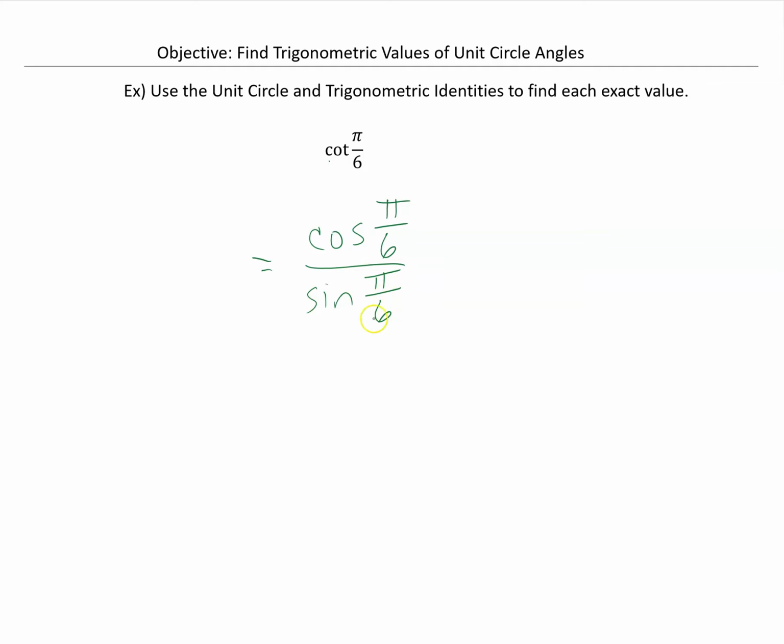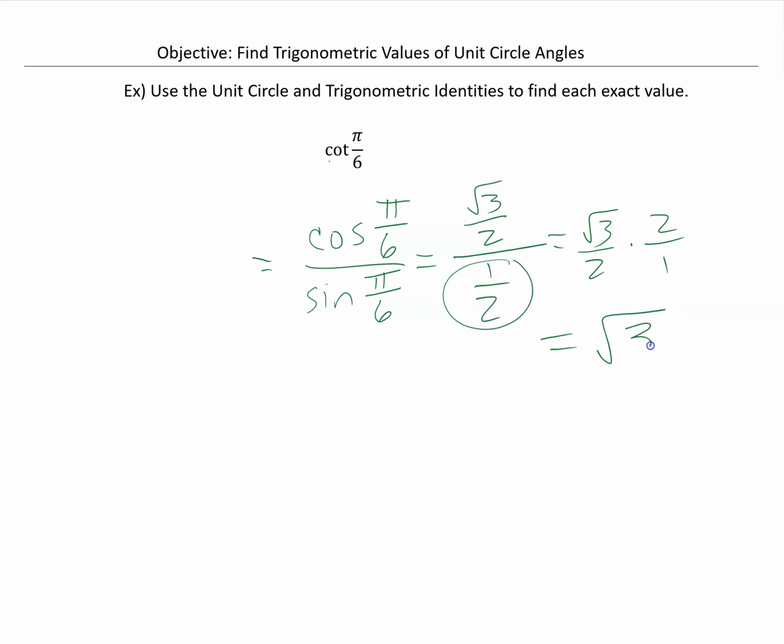Sine of 30 degrees, we remember, is 1/2, which makes its cosine √3/2, both positive for the first quadrant. So this is √3/2 times the reciprocal of 1/2, 2/1, which is the square root of 3. So our cotangent of pi 6 radians is the square root of 3.